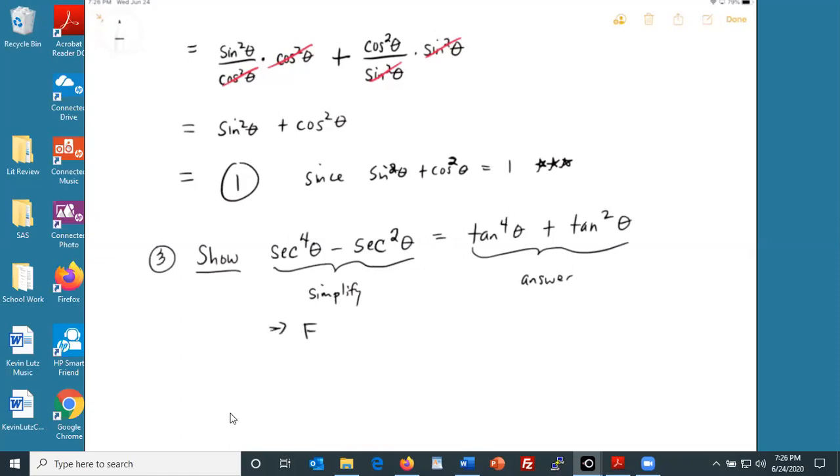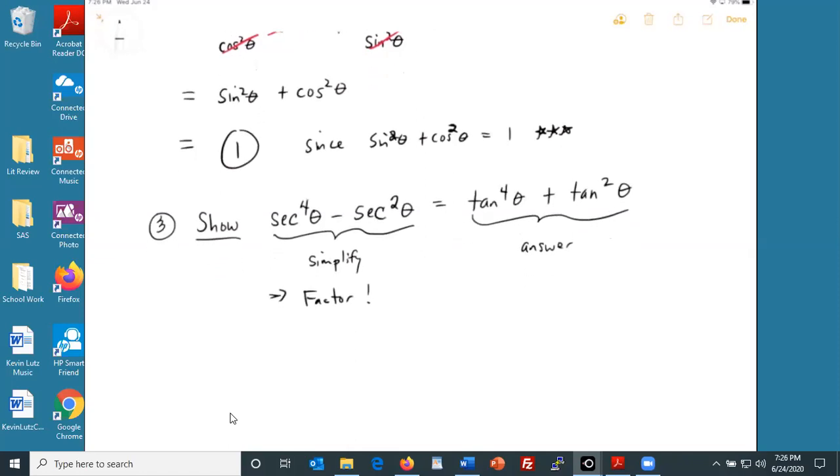So we're going to factor first. Notice there's a common factor of secant squared. So let's start out by factoring out a secant squared of theta, which will give you secant squared of theta minus 1.